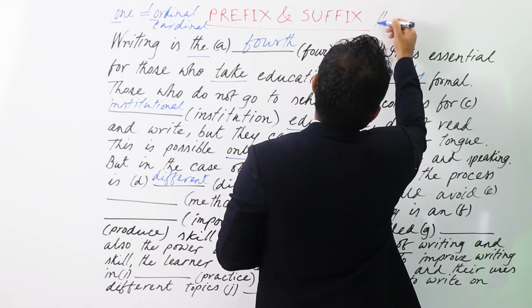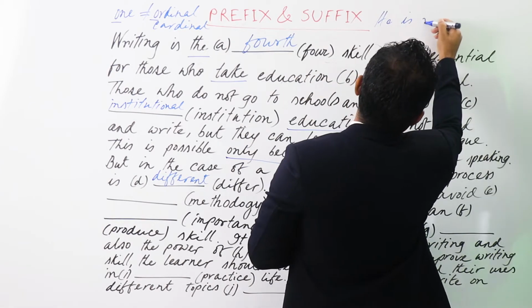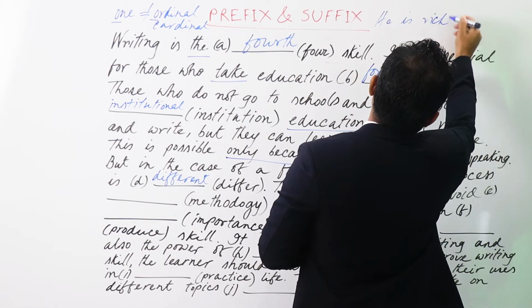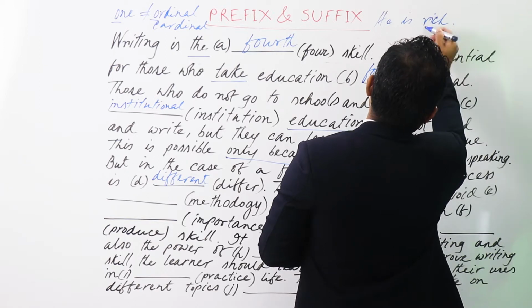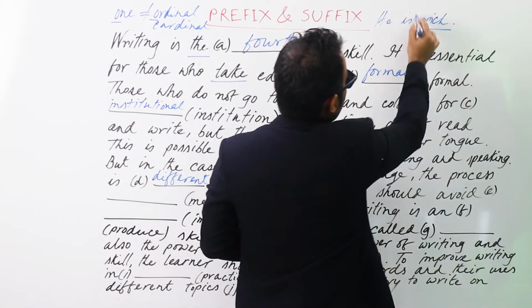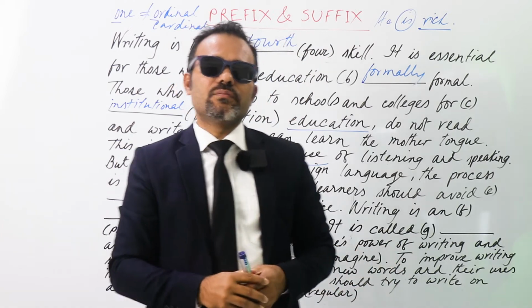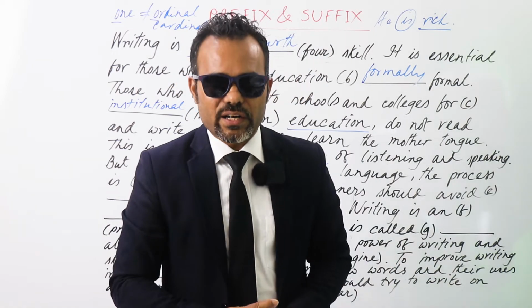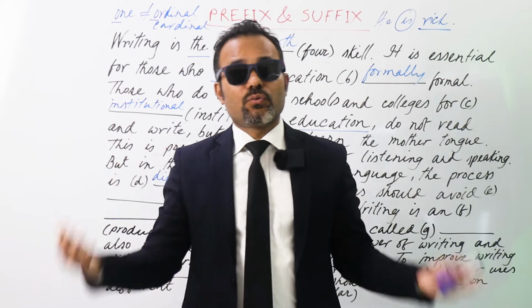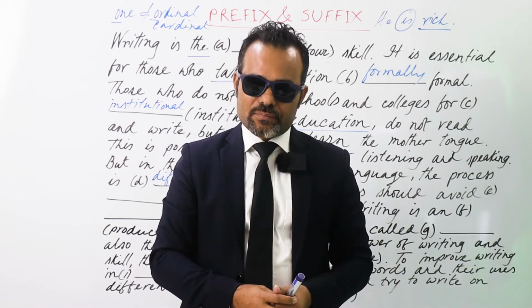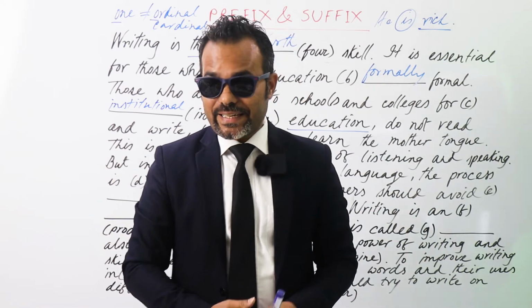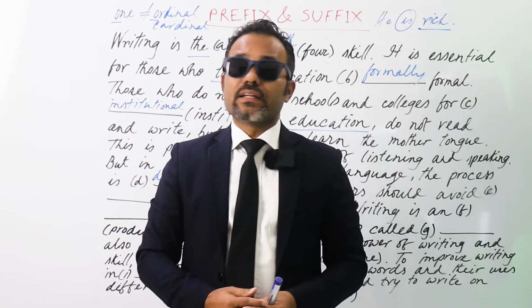Like I can say he is rich. He is rich. Here, after the linking verb, what is the linking verb? Like am, is, are, was, were, then become, then feel, taste. Okay, they are the linking verbs.